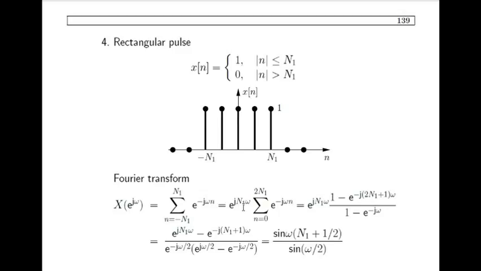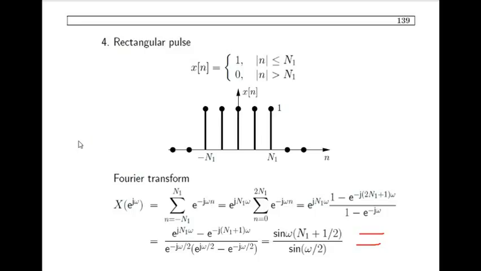So I can take out e to the power j n1 omega and change the limits like this. This is the property of summations. When I solve this exponential sum, I'll get a term like this. When I multiply this term with this term, I'll get this type of expression, which I can reduce to sine expressions.